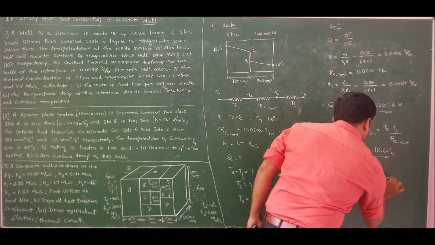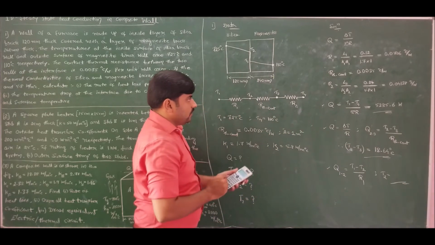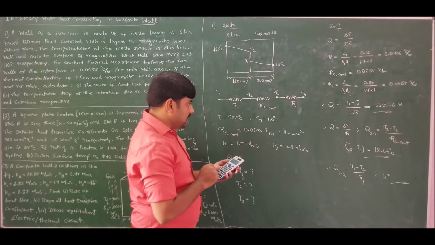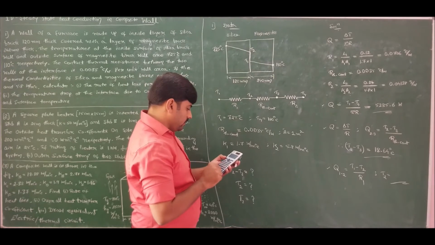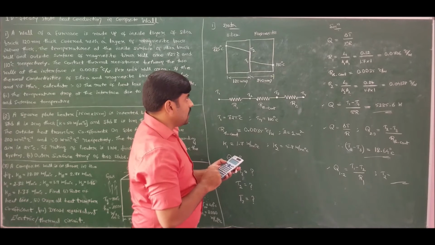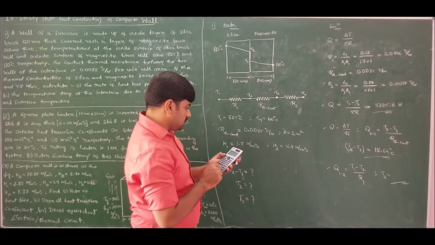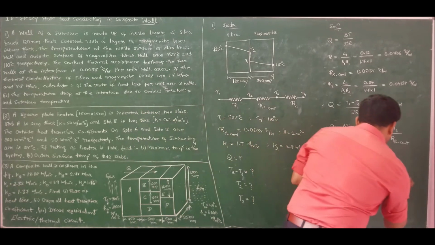If I substitute and solve, I will get the value of T2. So Q1 to 2 is nothing but Q. For steady state, Q is constant. Hence 5325.6 is equal to T1, which is 725, minus T2, which is unknown, divided by resistance R1, which is 0.0706.